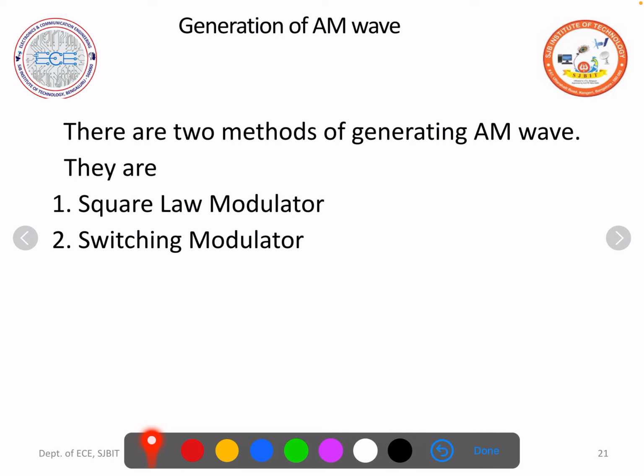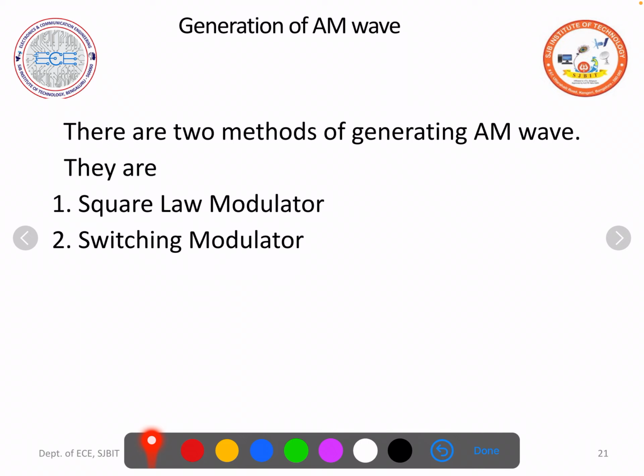Let me brief about what all things we have discussed in today's lecture. First thing is, we have started with the modulation, types of modulation, need for modulation, what is amplitude modulation, then what are the equations for the message signal, the carrier signal and the modulated signal, and how do we represent it in time domain and the frequency domain.